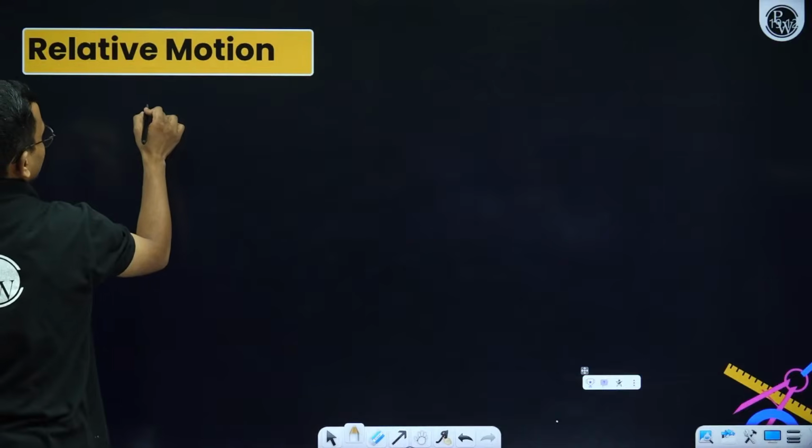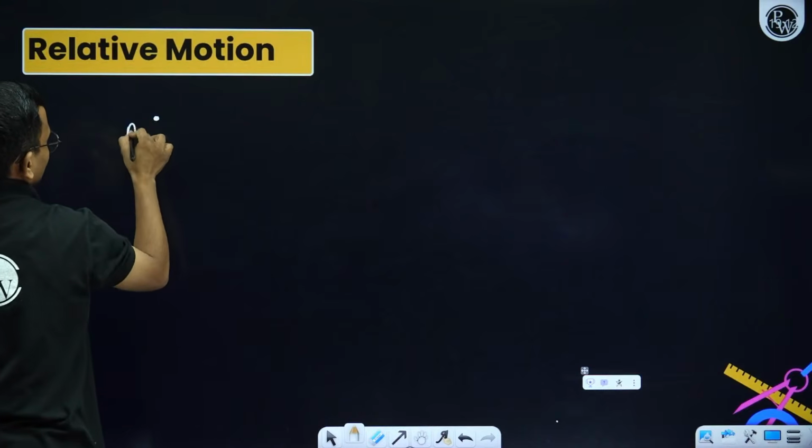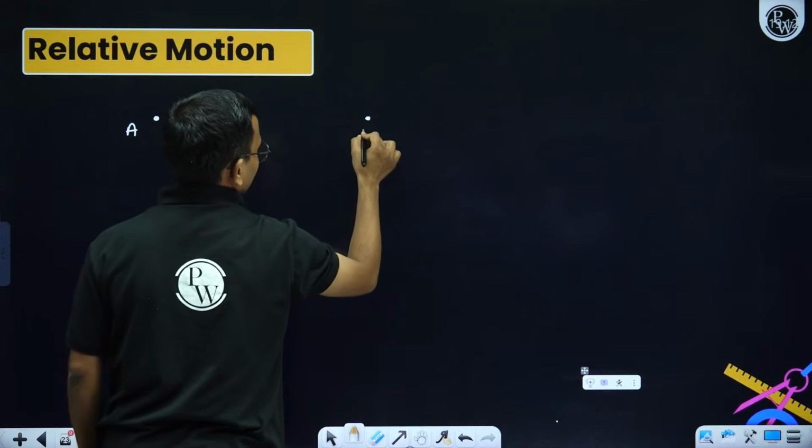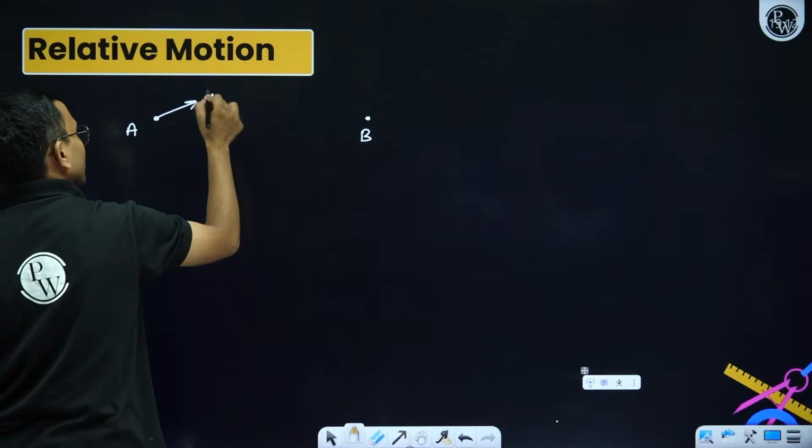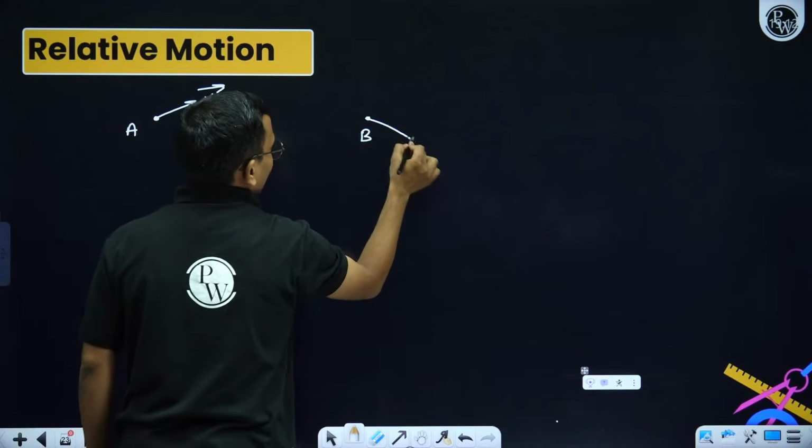So let us take particle A and particle B. A has some velocity VA, and B has some velocity VB.